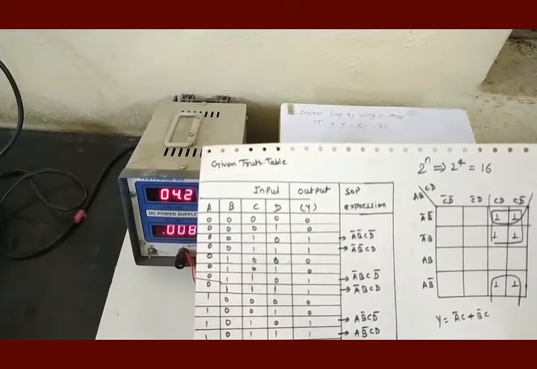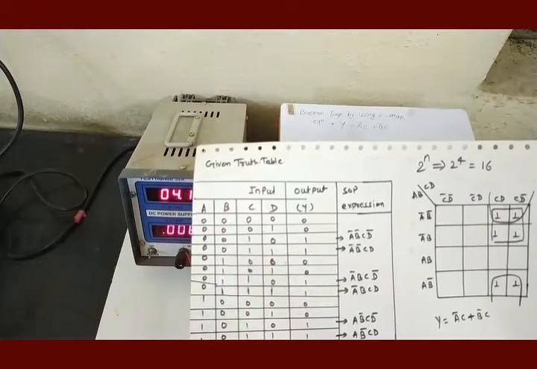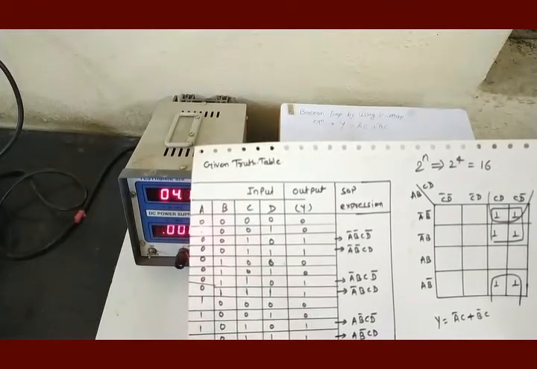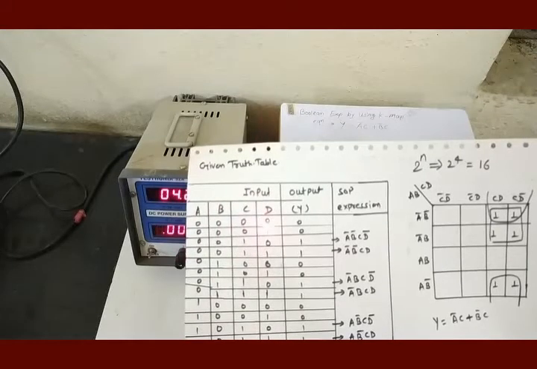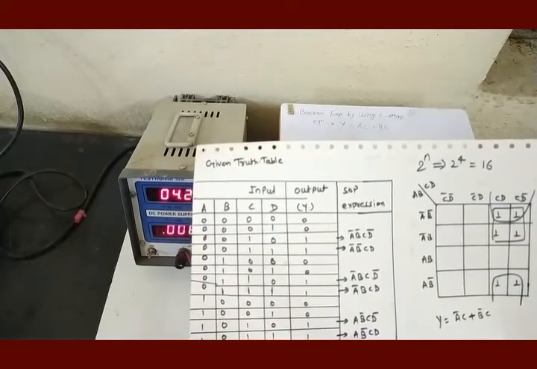Before that, we have to first write the fundamental product for all the input conditions. Let us go to the first input condition. What is the first input condition? A is 0, B is 0, C is 0, D is 0.